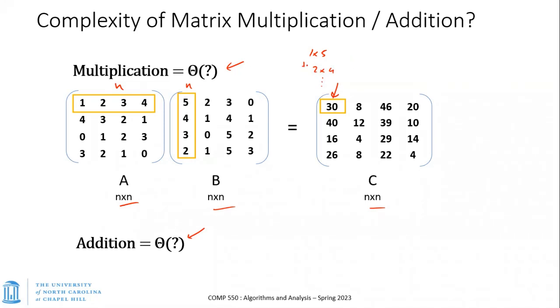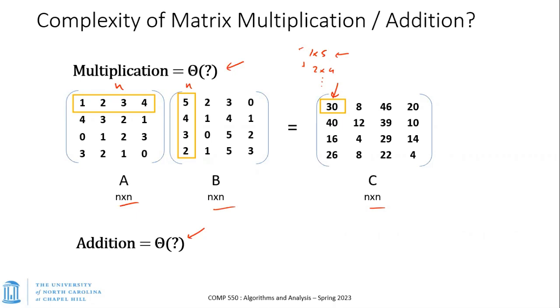If you look at 1 times 5, that's a multiplication that doesn't really depend on n. What does depend on n is the number of rows or columns. So what's the complexity of calculating the number 30 in terms of n?